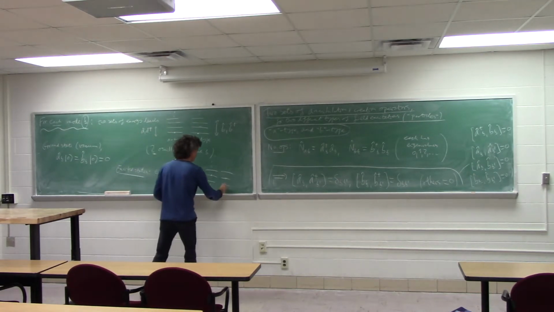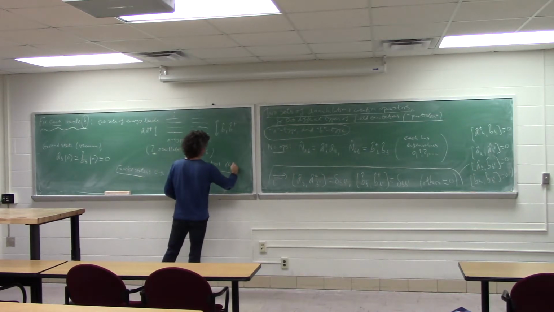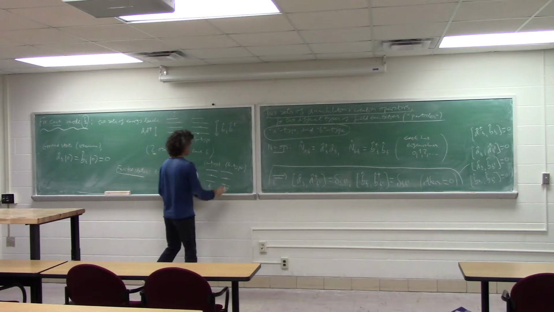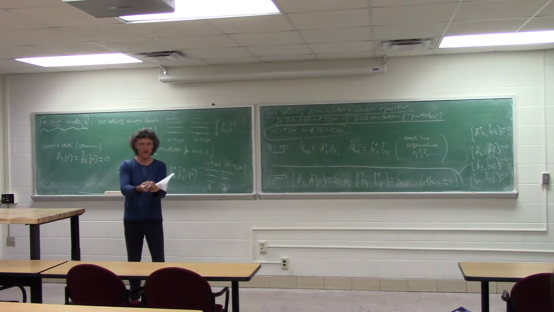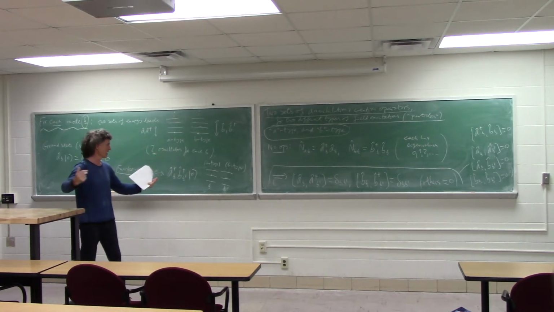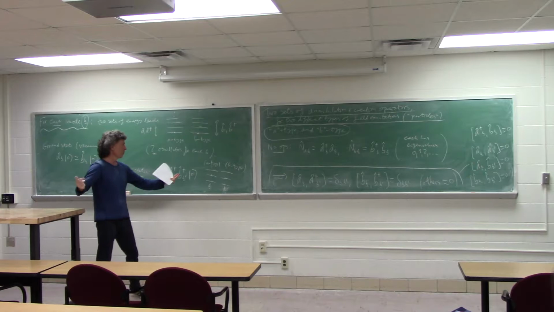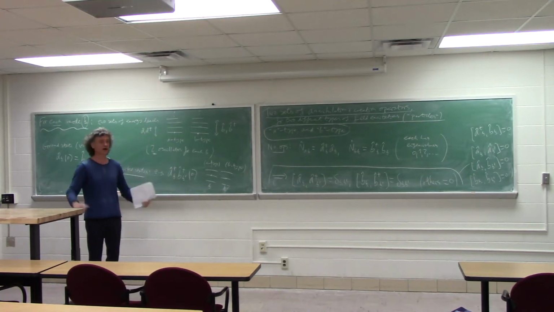For the wave vector k prime, the B-type is excited.